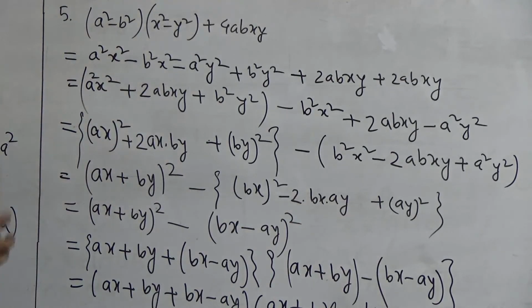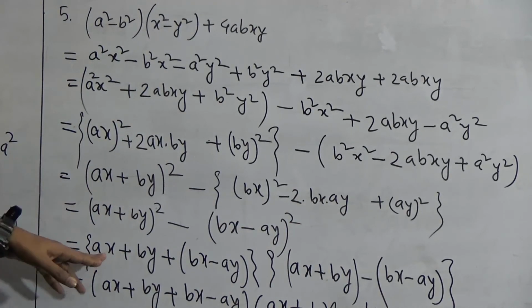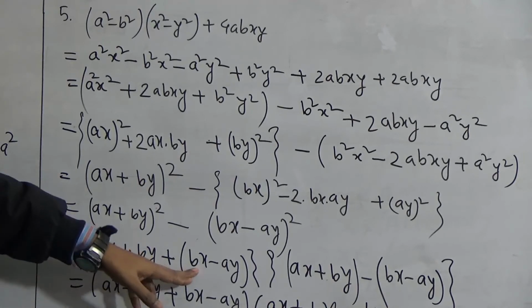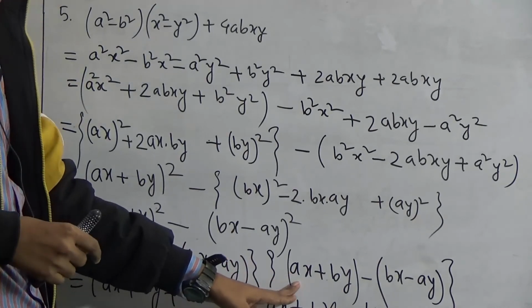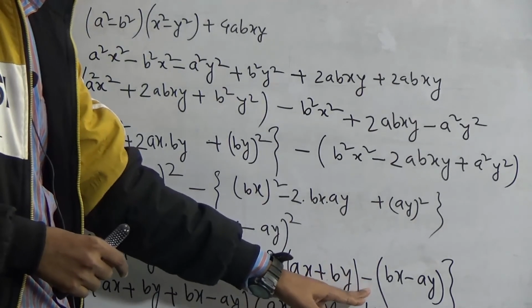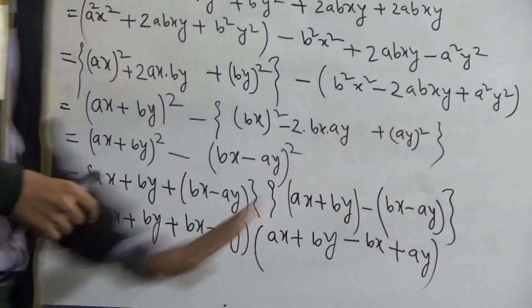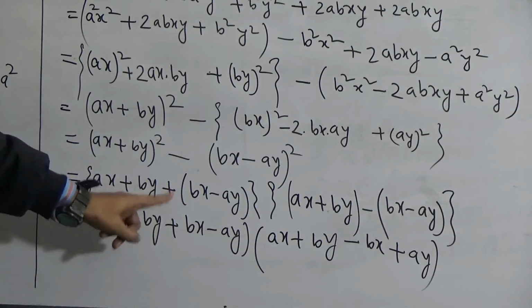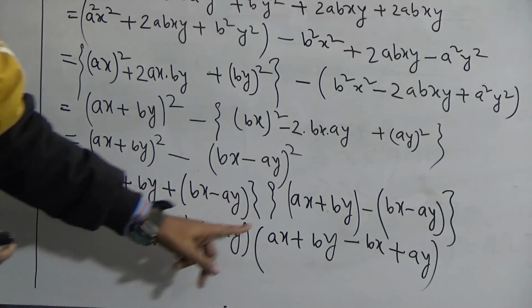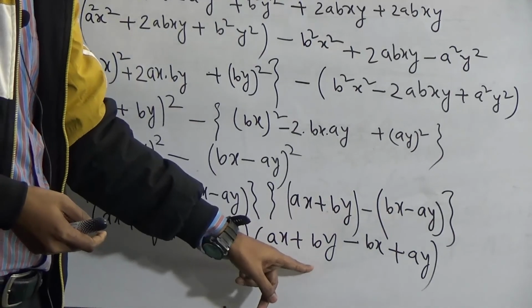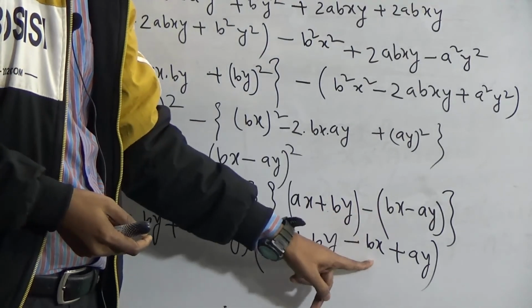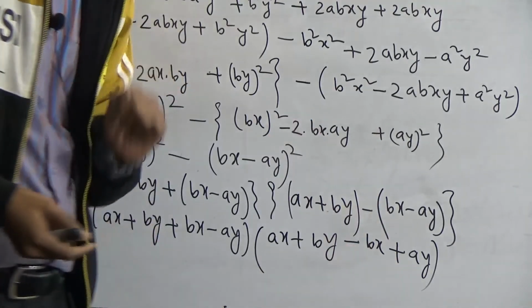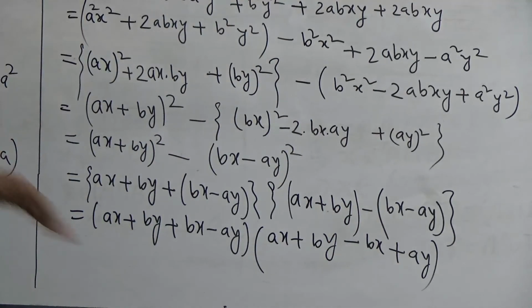Now we have to write as a product form, we know a square minus b square equal to what, a plus b into a minus b, that means ax plus by plus bx minus ay, then ax plus by, then minus bx minus ay. Okay, now we have to simplify. Okay student, this is your required factor.